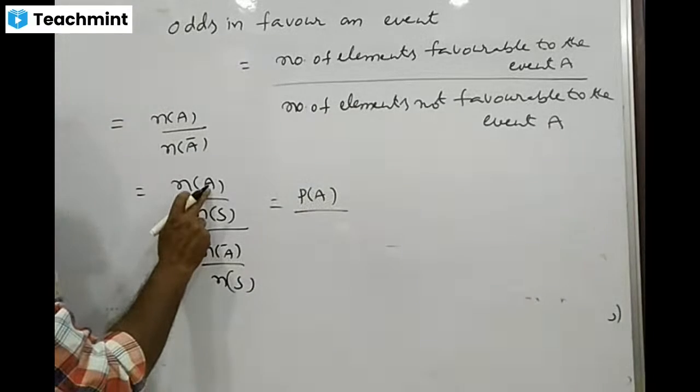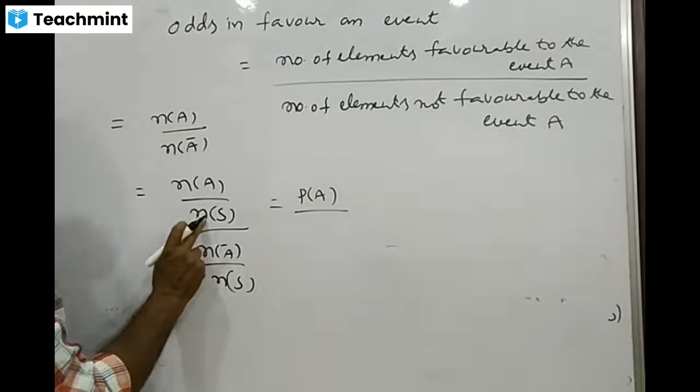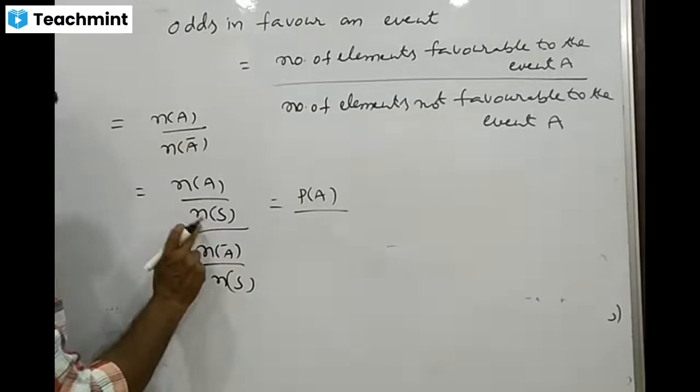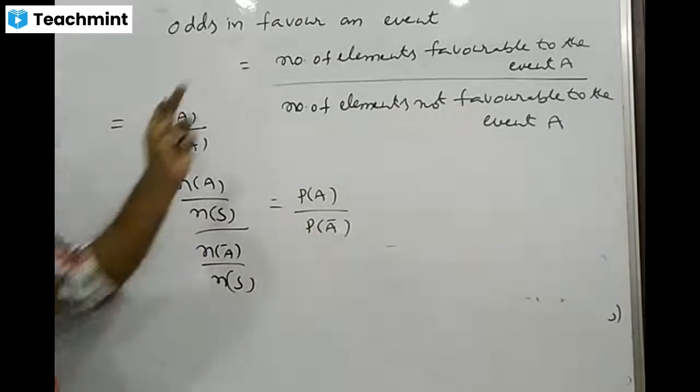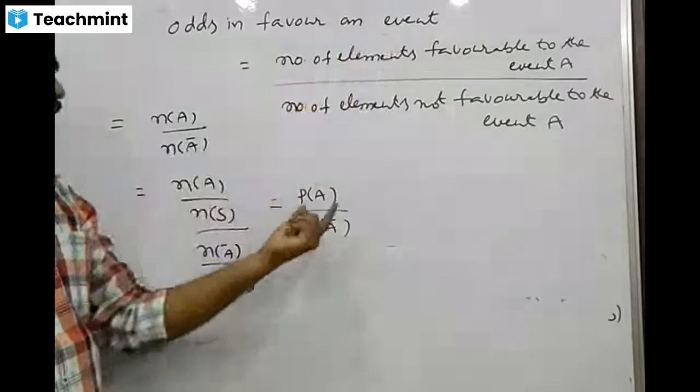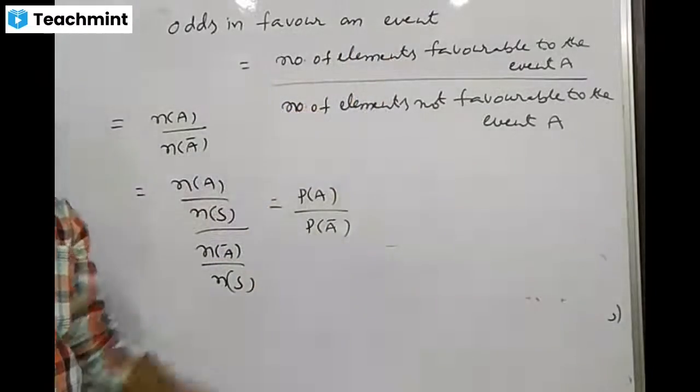Number of elements favorable to the event A by total possible outcomes is P of A. So this is P of A bar.